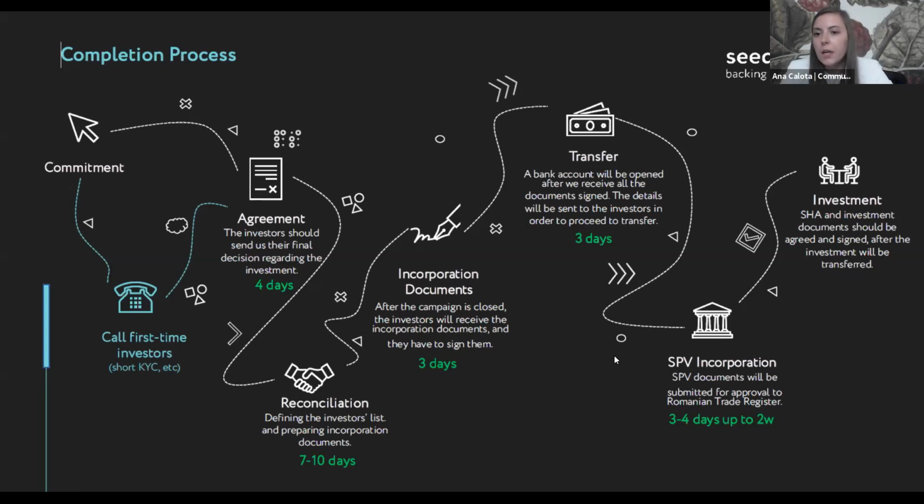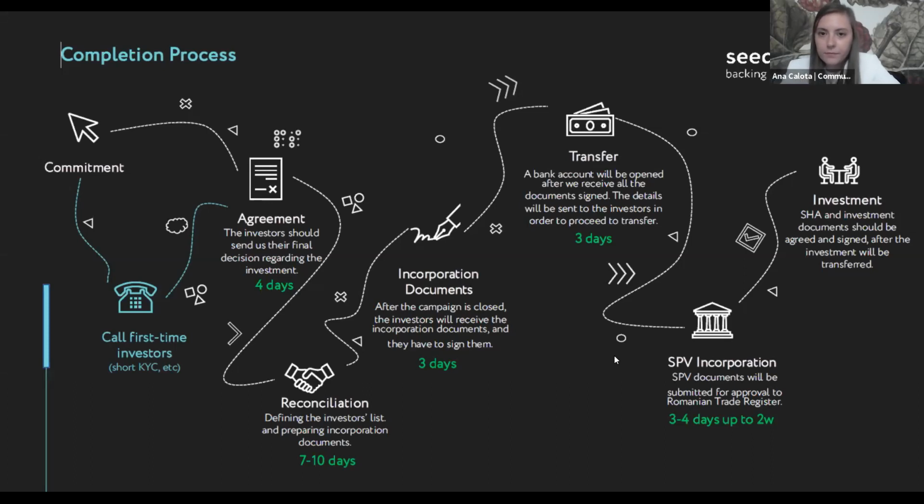Usually for a share capital increase, around 2/3 of the shareholders should approve it. So the acceptance or the rejection of an offer is taken by majority by the shareholders, and the shareholders are the investors.